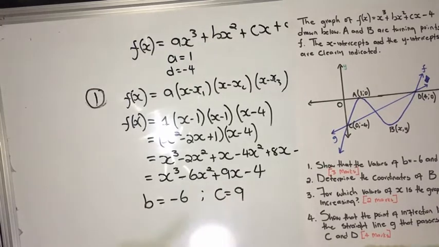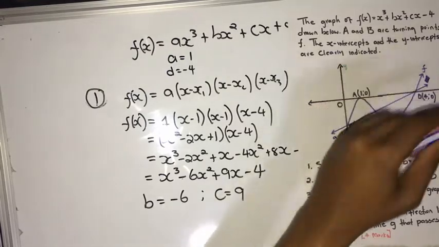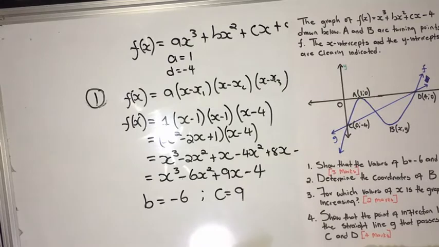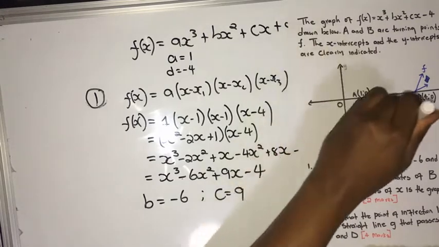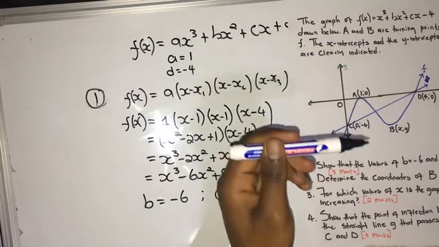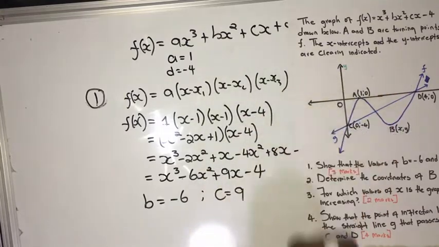So now we have shown that b and c are minus 6 and 9 respectively. That's how we solve such a problem, making use of the roots which are given to you. If the function did not have repeated roots, maybe it was just a normal cubic function crossing the x-intercept 3 times, then we do the same thing where roots are not repeated.